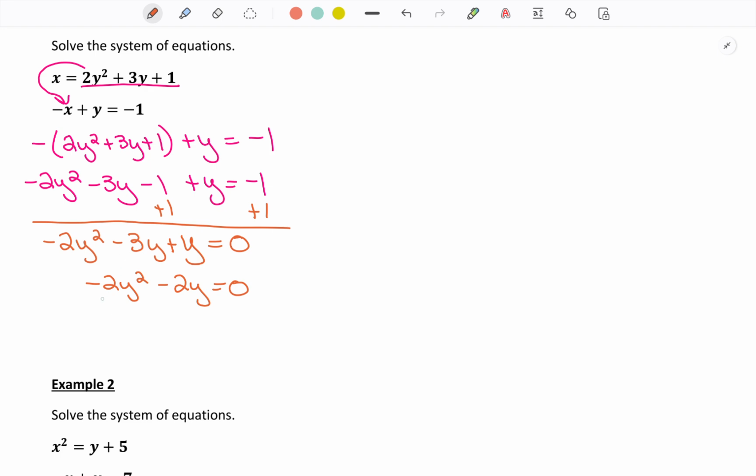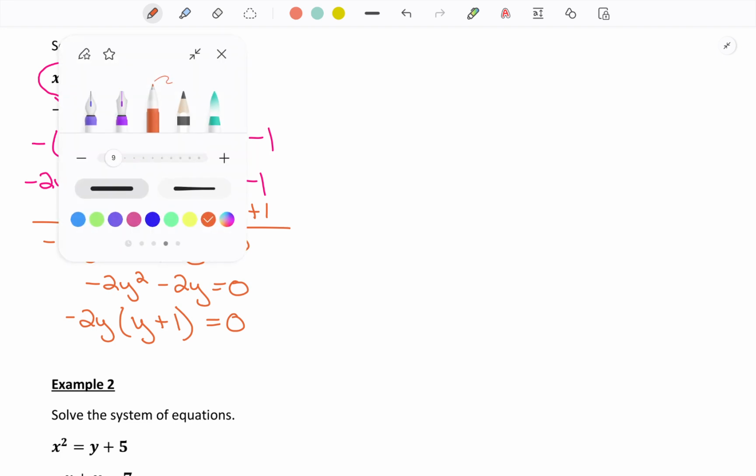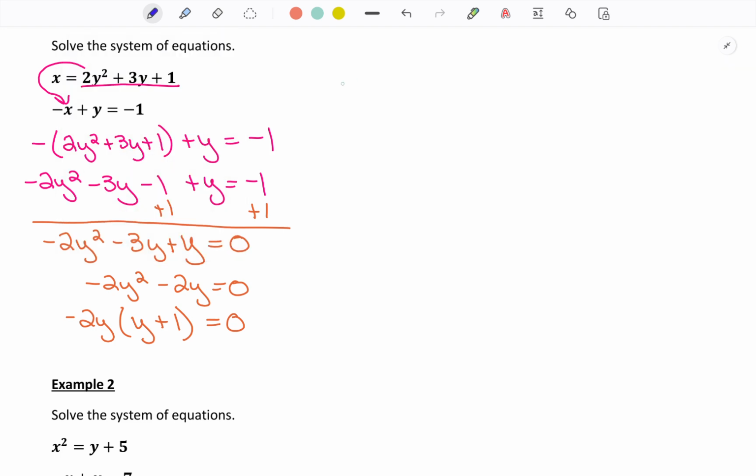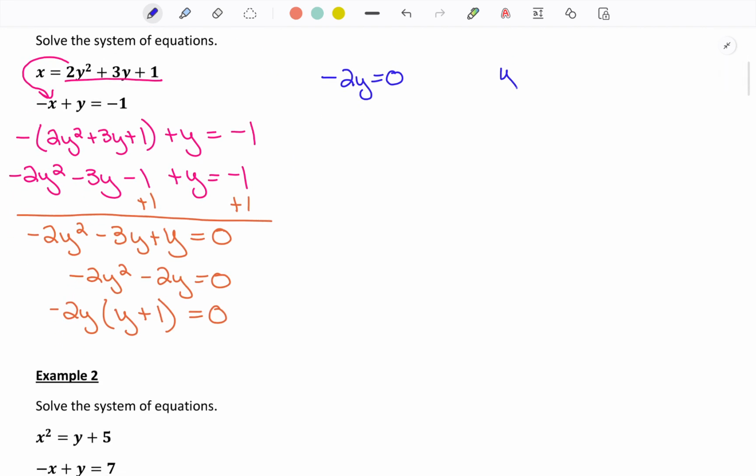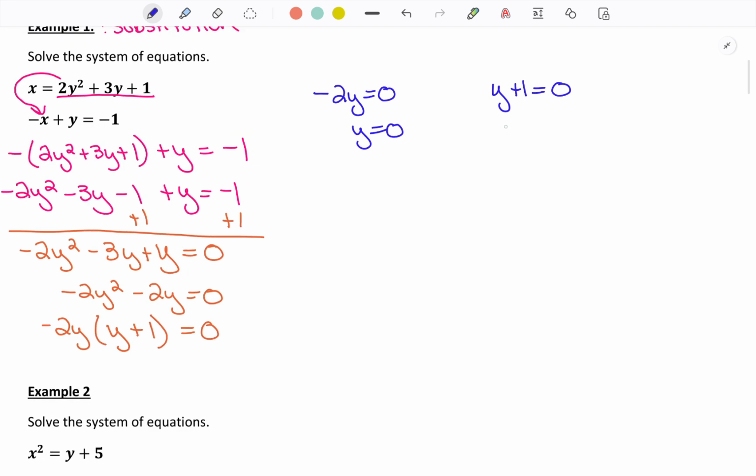So we have a GCF of negative 2y. Once we take that out, we will have y plus 1 equals 0. So we will have negative 2y equals 0, and then y plus 1 equals 0. So when we divide by negative 2, we'll have y equals 0, and then y equals negative 1.